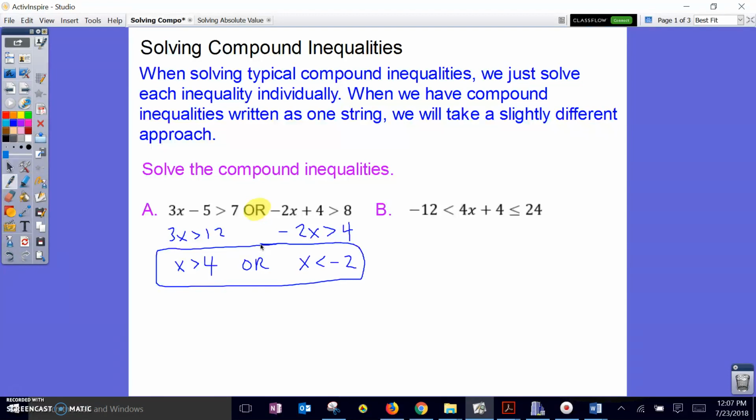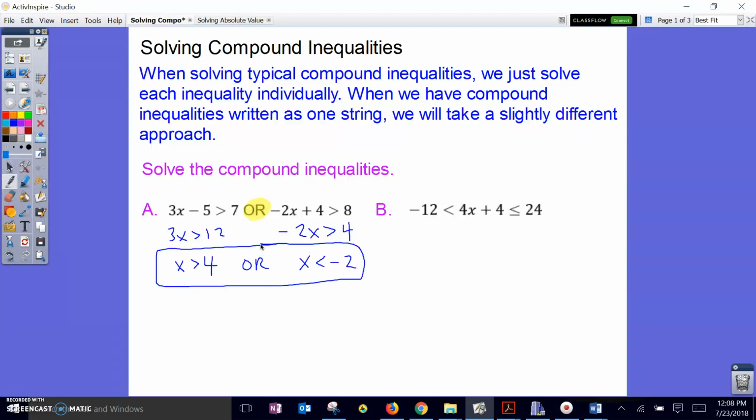All right, now, with the string inequality, normally when we solve equations and inequalities, we add the same thing to both sides or subtract the same thing, multiply, divide by both sides. Now here, instead of having two sides to the inequality, we have 3 parts.